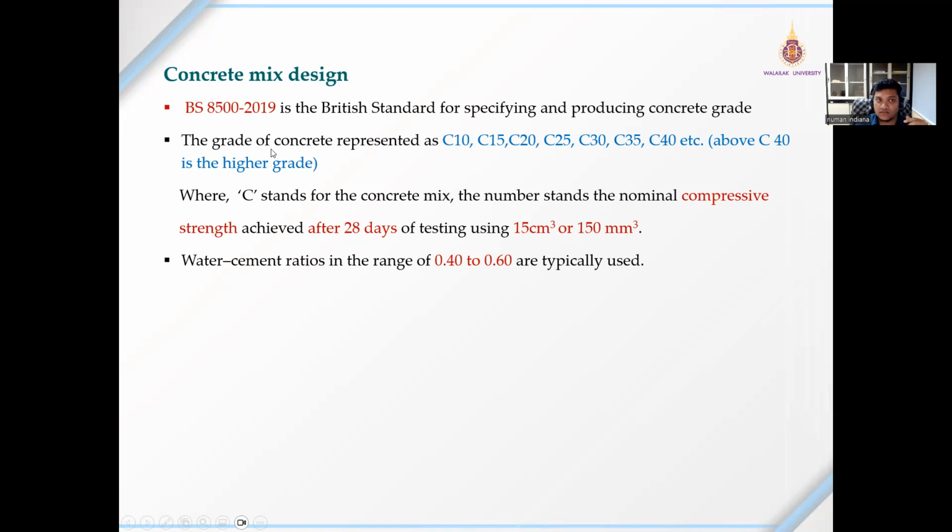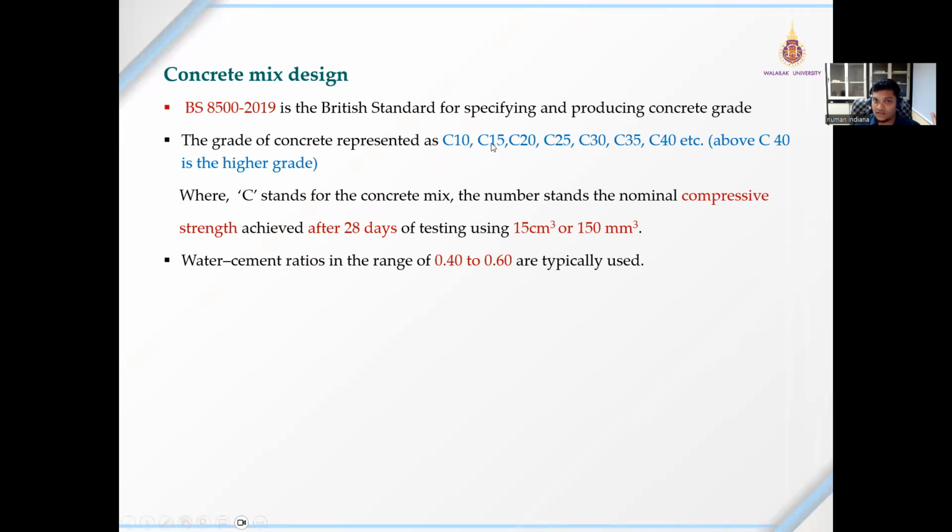The grade of the concrete means the strength the concrete achieves after approximately 1 month, like we consider 28 days. After 28 days, the grade of the concrete that we consider in our design should achieve that much strength. So if you consider C10, C10 is the concrete mix with 10 MPa of strength. After 28 days, we should get 10 MPa when we test in the lab.